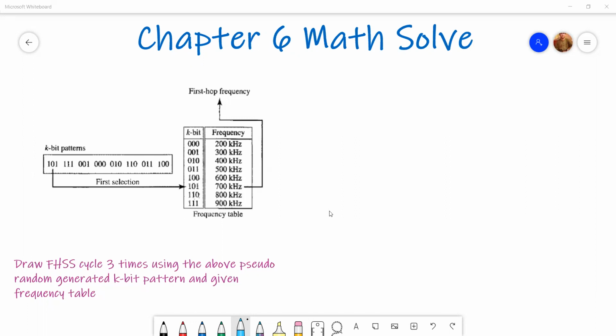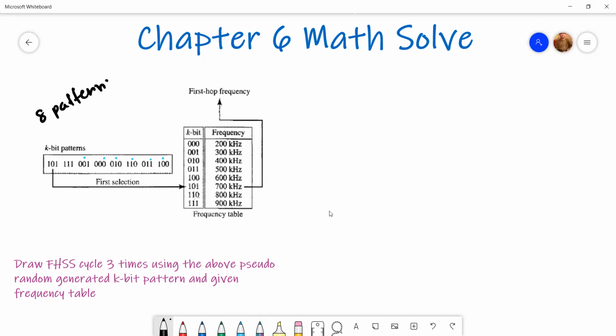How many numbers do we have in this table? 1, 2, 3, 4, 5, 6, 7, 8. So we have 8 patterns.